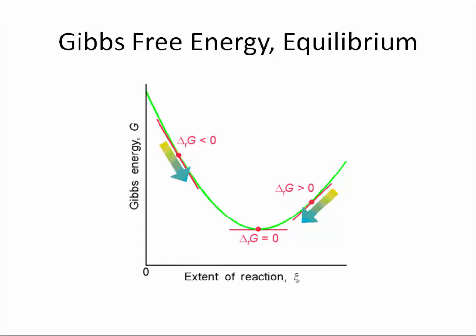Here Gibbs free energy is 0, and we like to stay in a stable state. However, on the other arm, on the right hand side, you see Gibbs free energy is greater than 0, and at that point it will also tend to move towards the well where Gibbs free energy is 0 and to equilibrium.